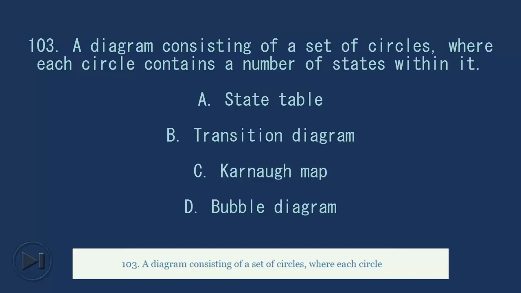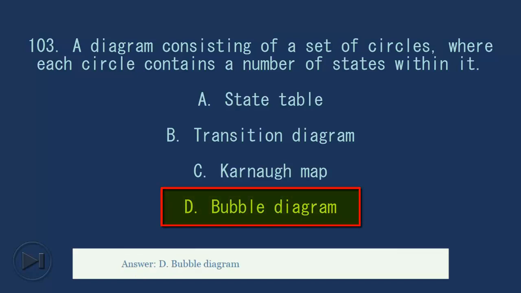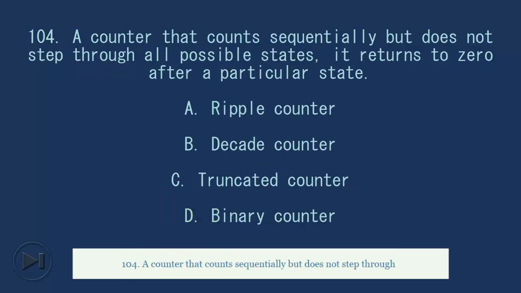A diagram consisting of a set of circles, where each circle contains a number of states within it. A. State table. B. Transition diagram. C. Karnaugh map. D. Bubble diagram. Answer, D. Bubble diagram.